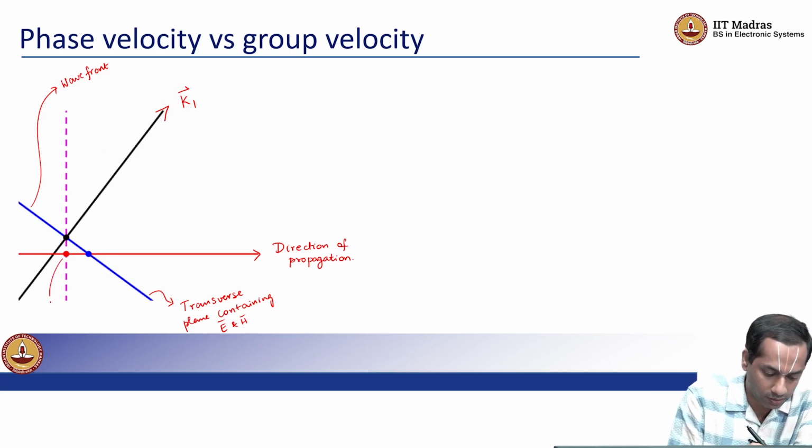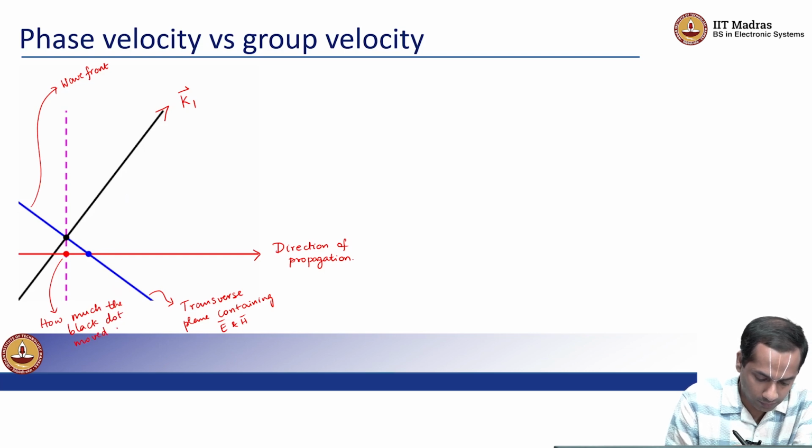So the red dot is how much the black dot moved along the direction of propagation.